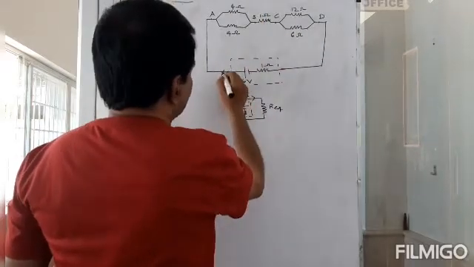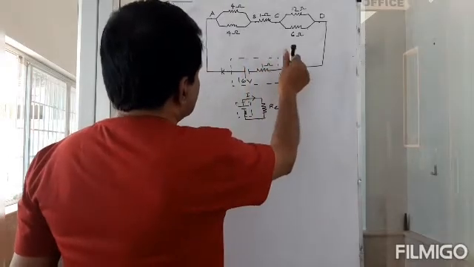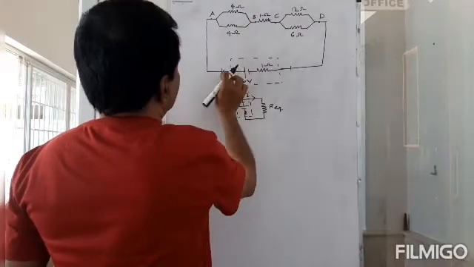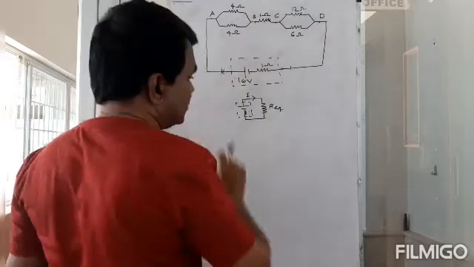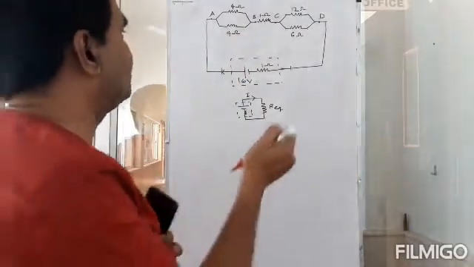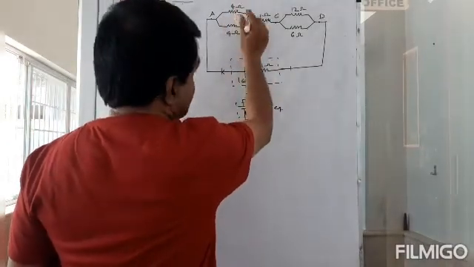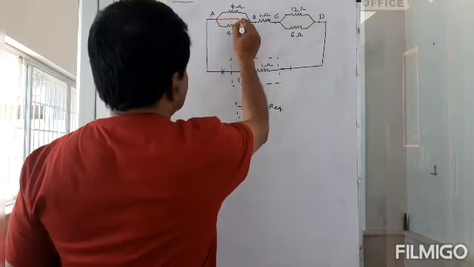Here, these are the 2 points, right? I have to calculate the resistance with respect to these 2 points. Now you see these 2 are in parallel, so I can reduce that. I'm going to use a different color for that purpose. I can remove these 2 resistors and connect a single resistor here.